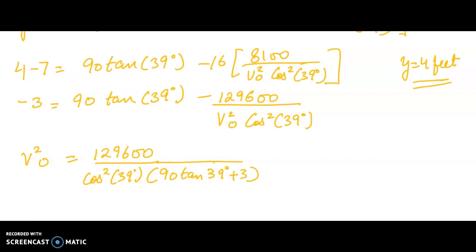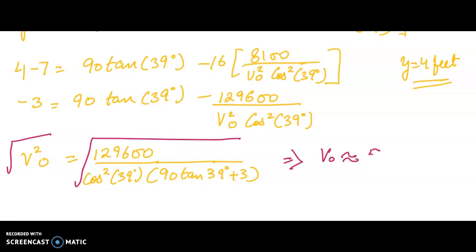Now we can plug everything into the calculator, but be sure, because it is velocity squared, finally I have to take the square root of everything. When I plugged it into the calculator, I got velocity as approximately 53.18 feet per second.